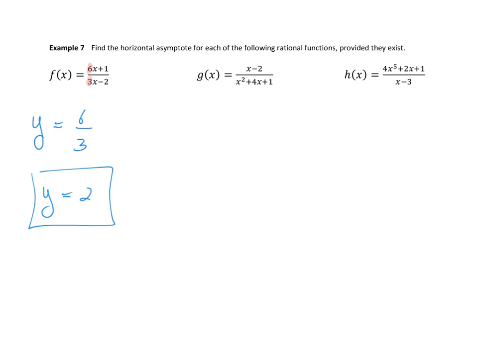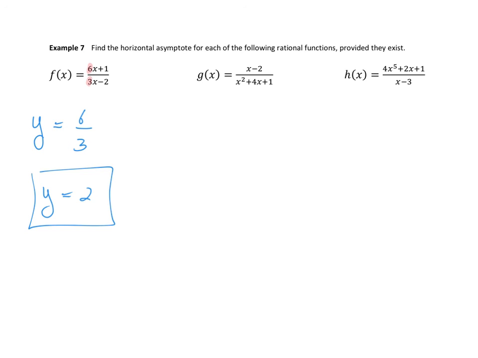And that's it. Now for the function g, we have to be a little bit careful. I see there is an x squared in the denominator, but there is not one in the numerator. We want to compare coefficients for x's of the same power, and there are no x squareds in the numerator. But that means you can actually add it in like this.